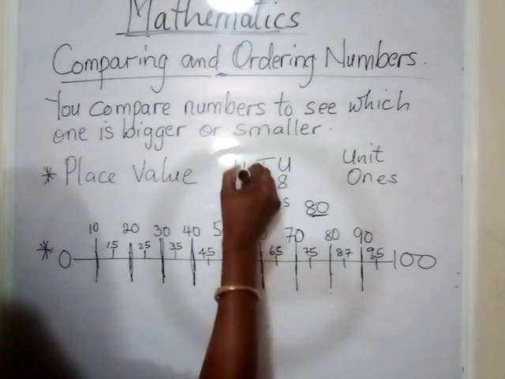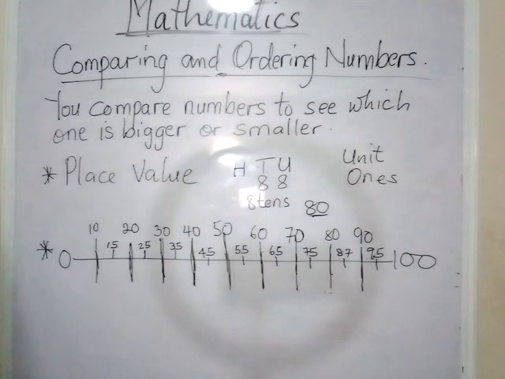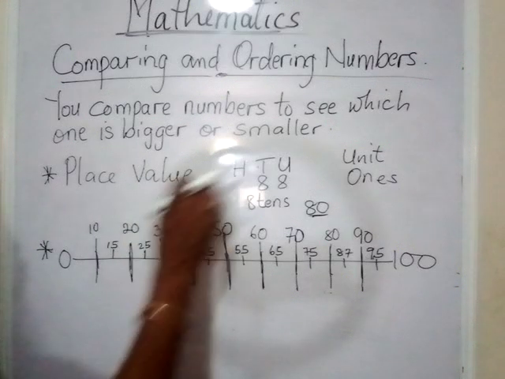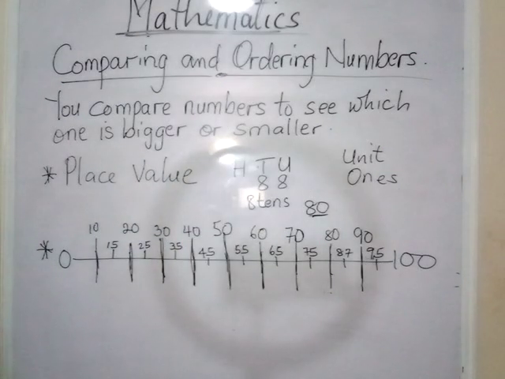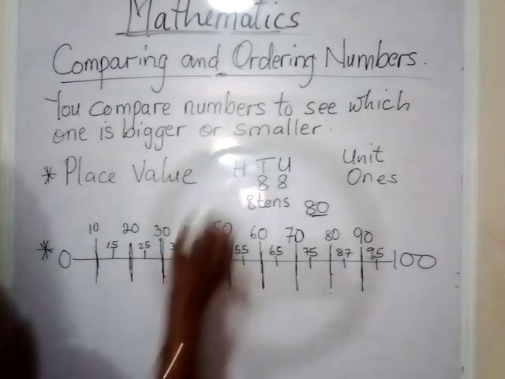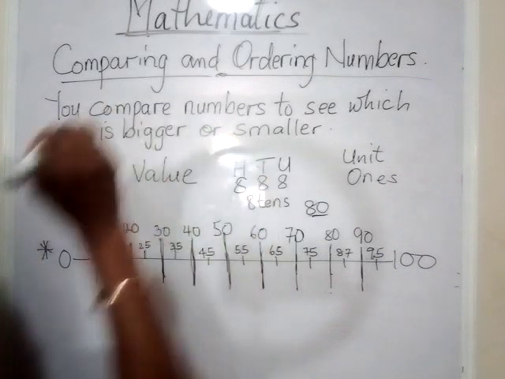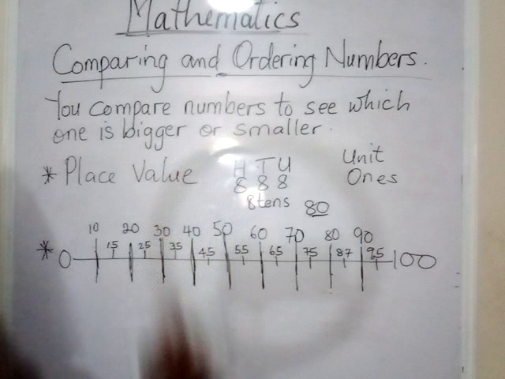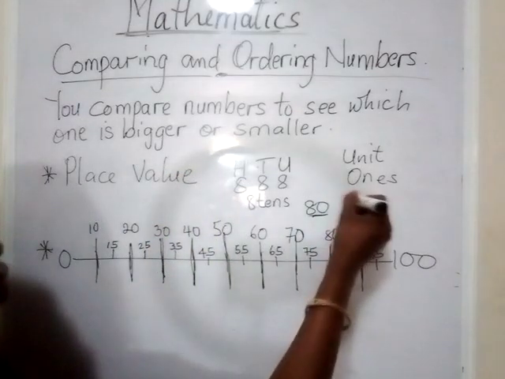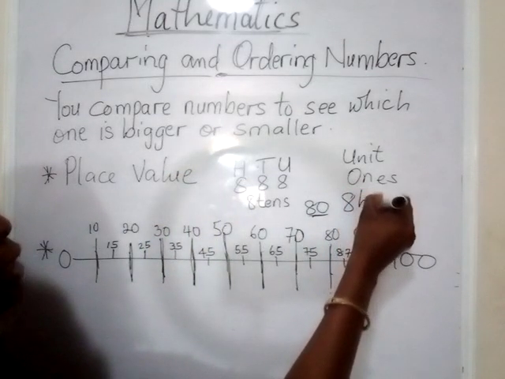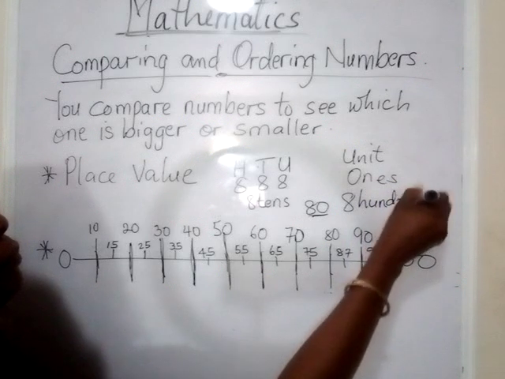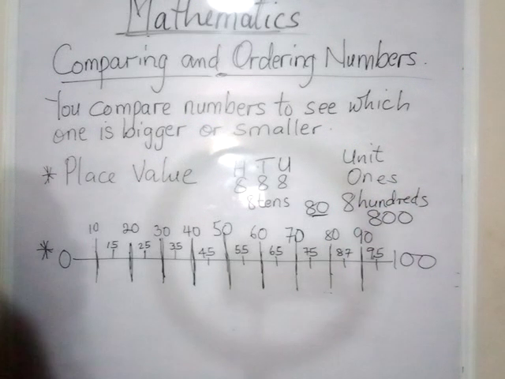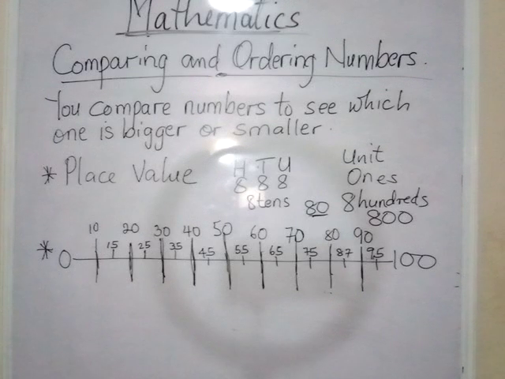And if we go a step further towards the left, we have the hundreds position. If you have 8 on the hundreds position, that 8 is 8 hundreds, and 800 means 8 and 2 zeros.